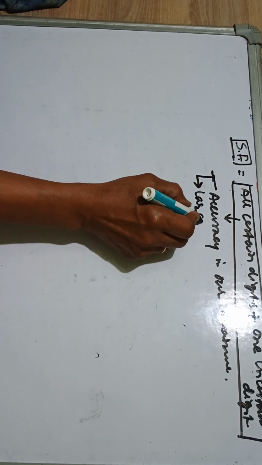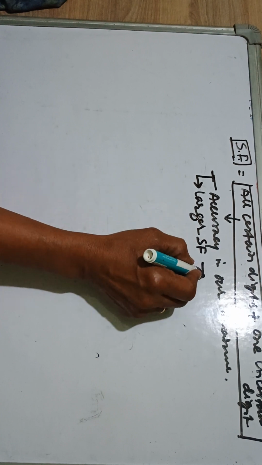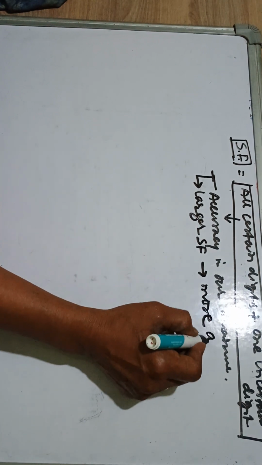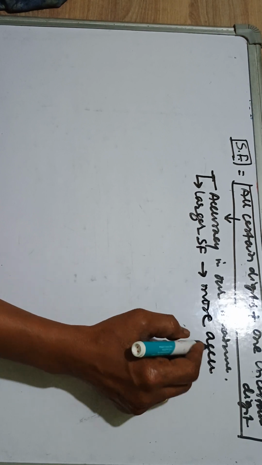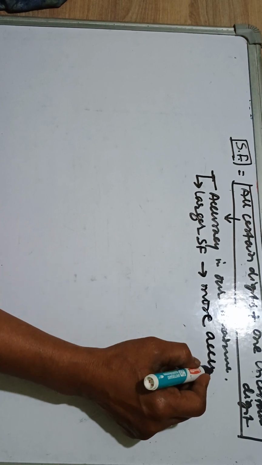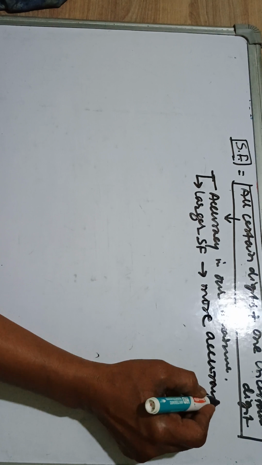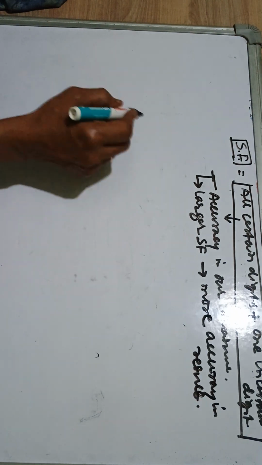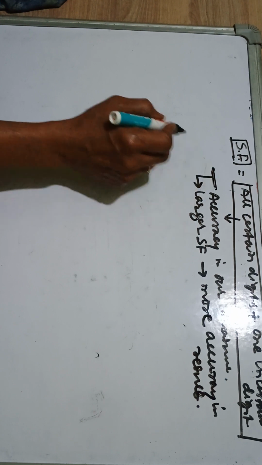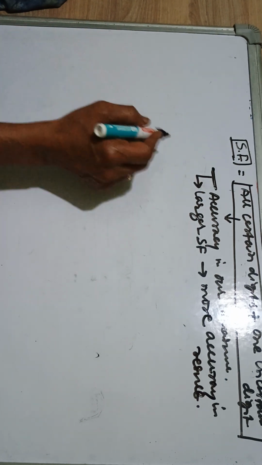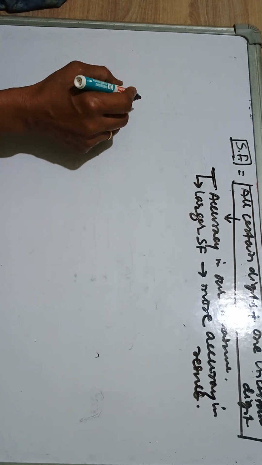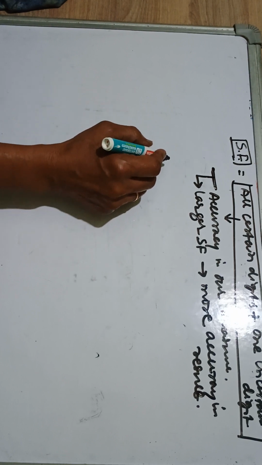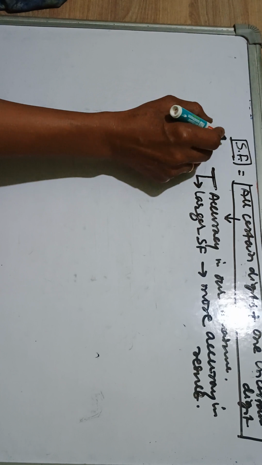That means a larger significant figure indicates more accuracy, or our result is more accurate. To improve the accuracy, we will do rounding off.